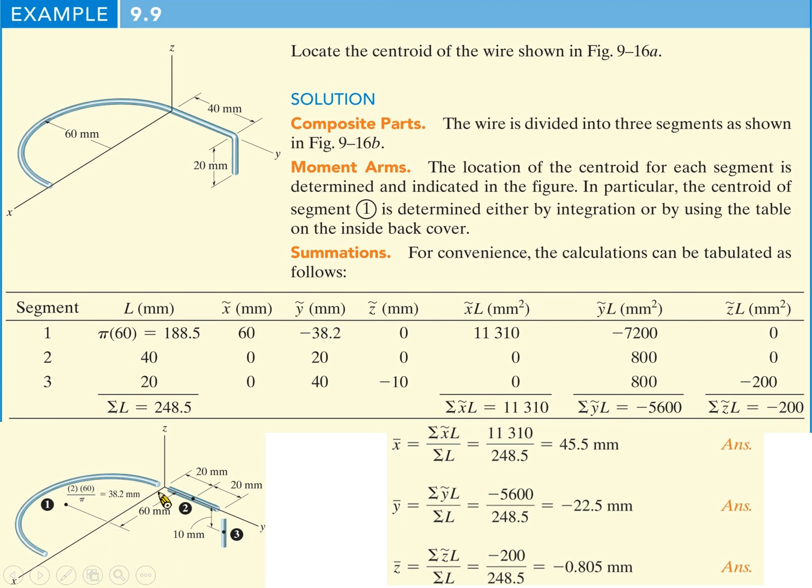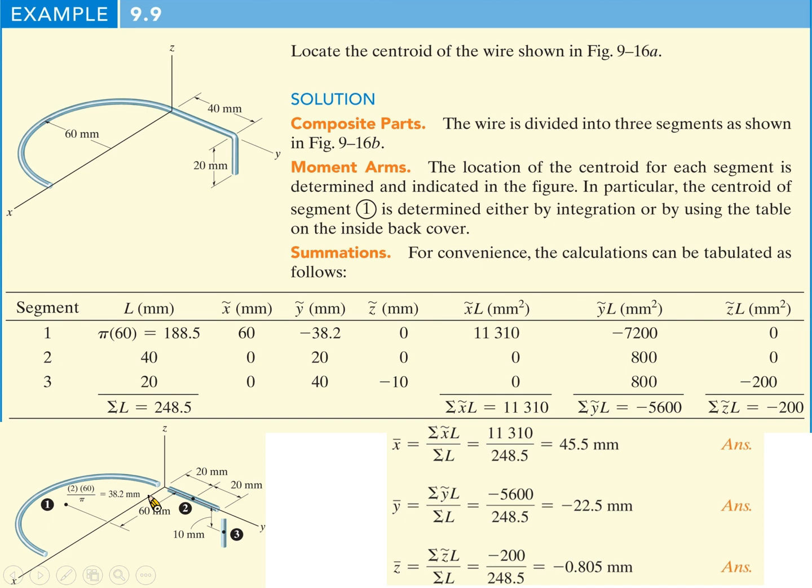So you see segment 1, Y1 here, and Y2 here, and Y3 here. Okay, then we divided this wire into 3 different areas, so we can work out the length for these 3 different segments.